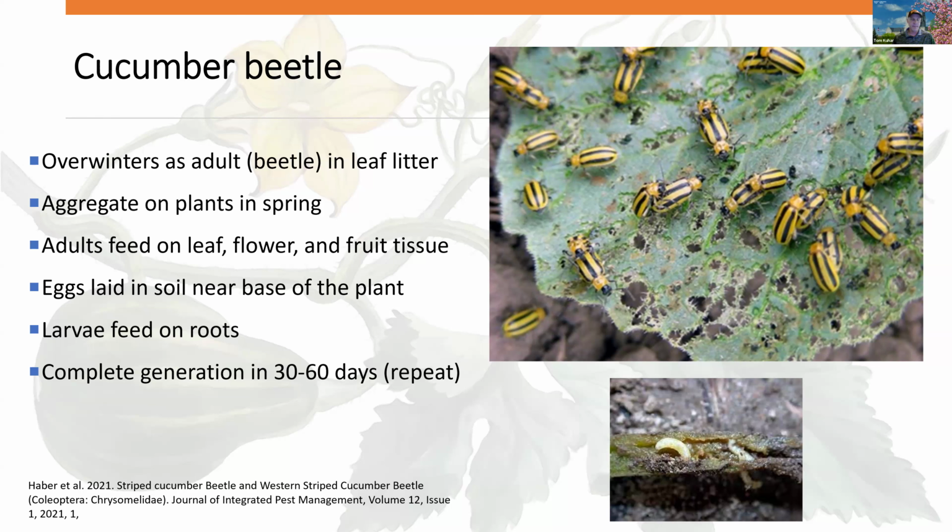And I'll talk about how all that's done. But basically, they're going to go through multiple generations, two to three probably, in our area, and that's from adult to adult. In the meantime, they will mate and lay their eggs. The larvae will feed on roots for a little bit, pupate, and emerge as a new adult. And that's their life cycle.